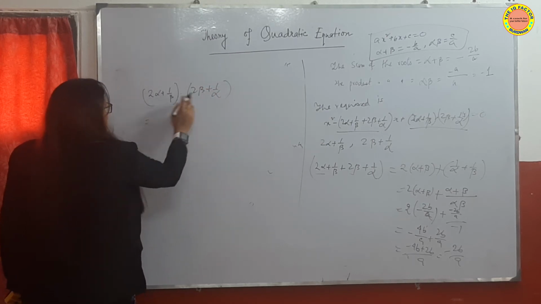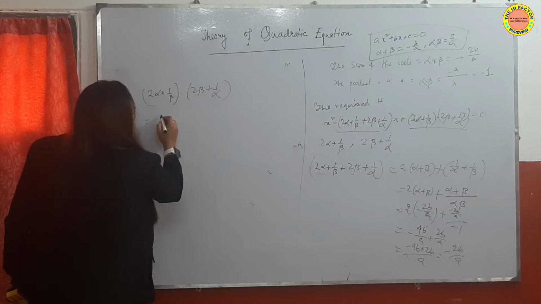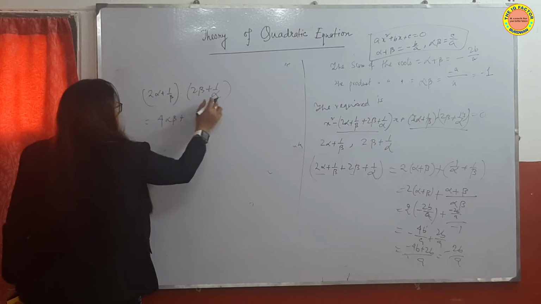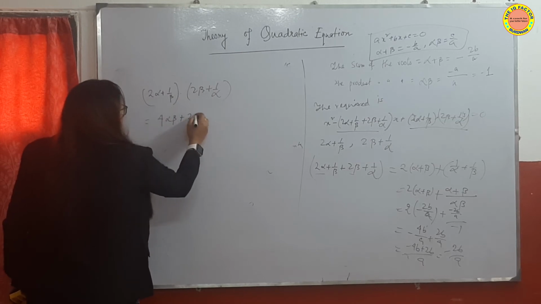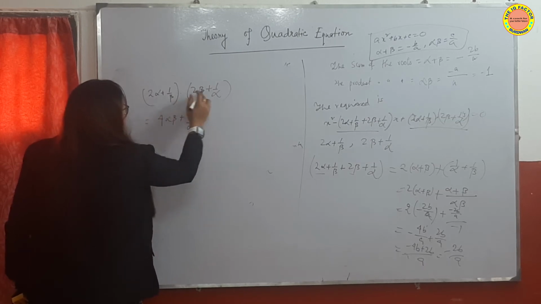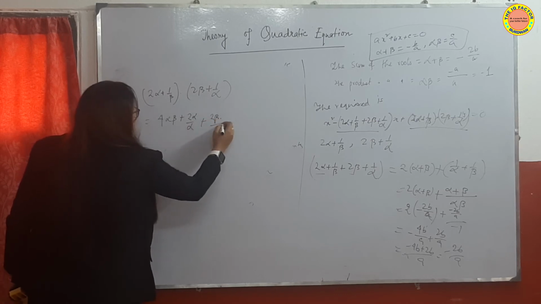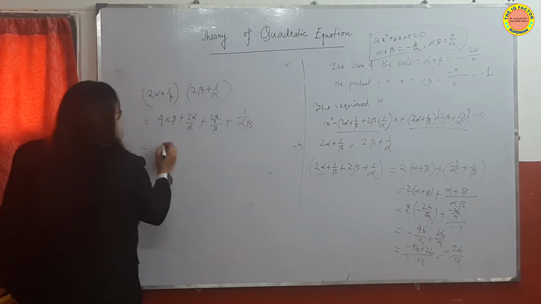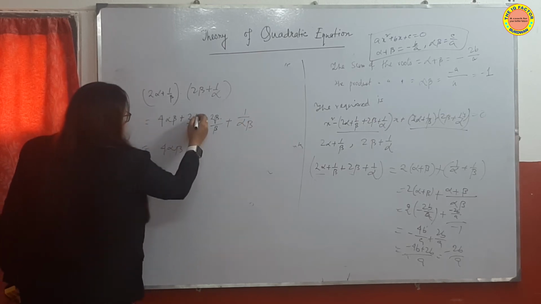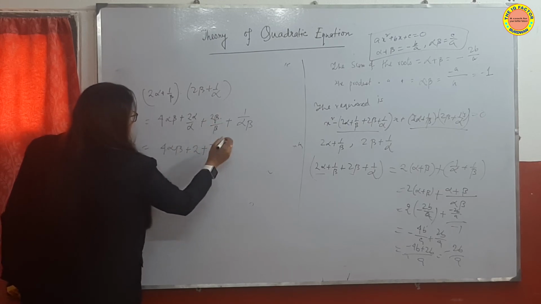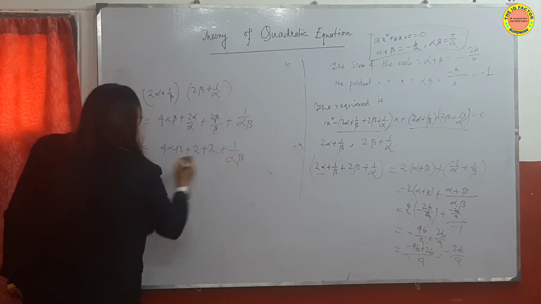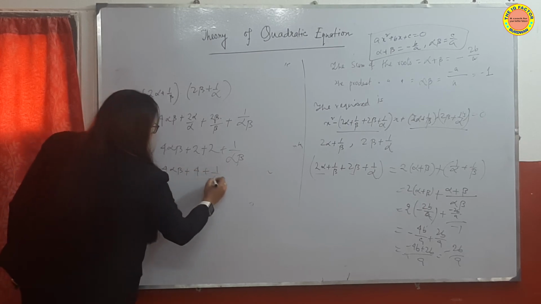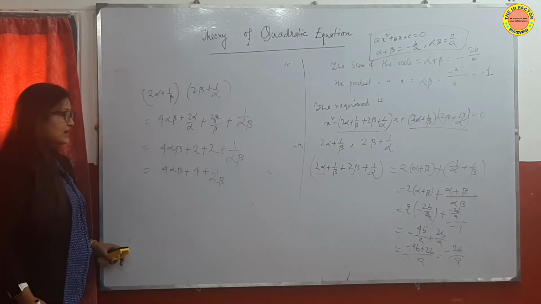So it is 4 alpha beta plus 2 alpha by alpha plus 2 beta into 1 by beta plus 1 by alpha beta, which is 4 alpha beta plus 2 plus 2 plus 1 by alpha beta, which is 4 alpha beta plus 4 plus 1 by alpha beta.